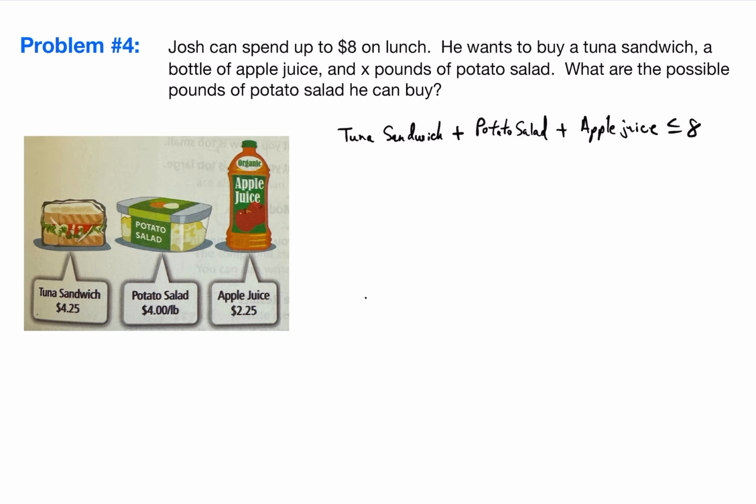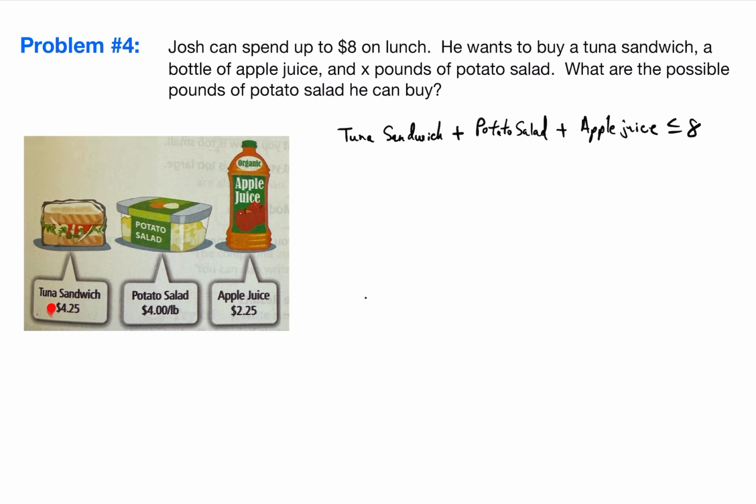Okay, this relationship hopefully makes sense because Josh has up to $8 to spend, and the cost of all three items has to be less than or equal to 8. It cannot exceed $8.